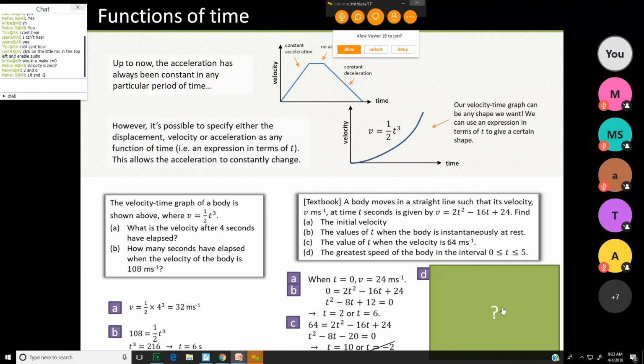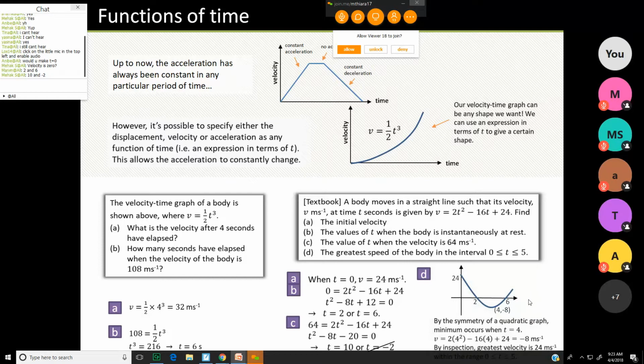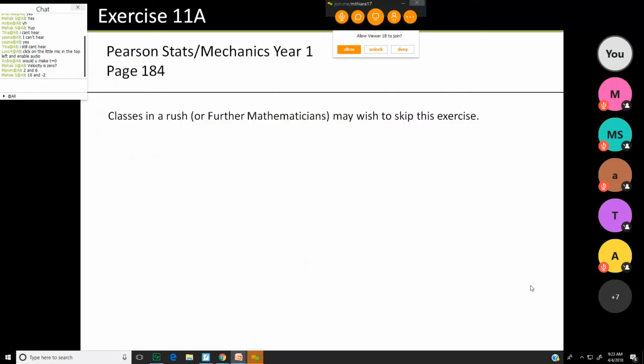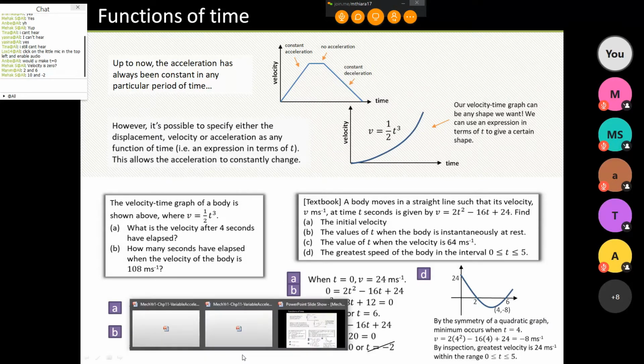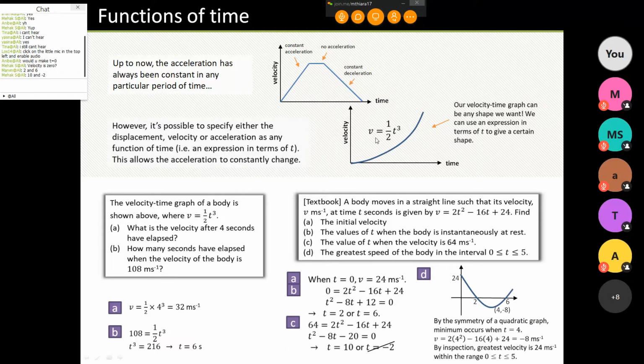So if I go back to this again, there's your sketch, and it says by inspection the greatest velocity there is at 24 meters per second, and that is when t equals 0.